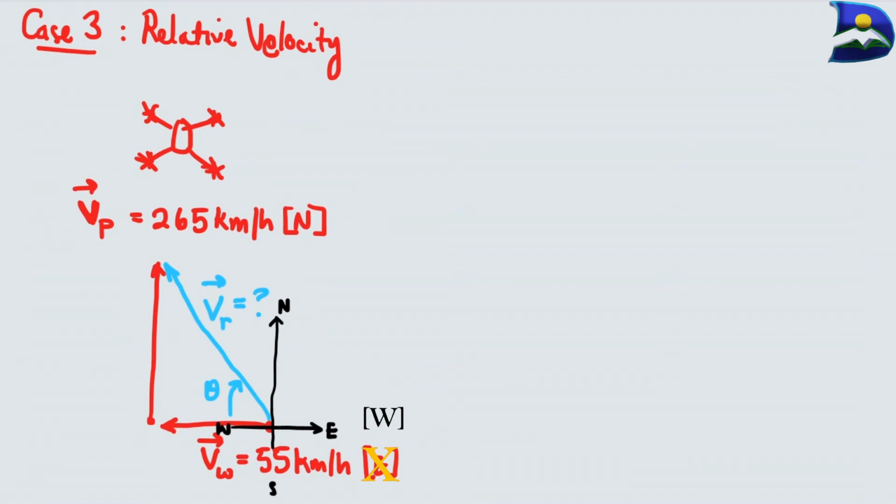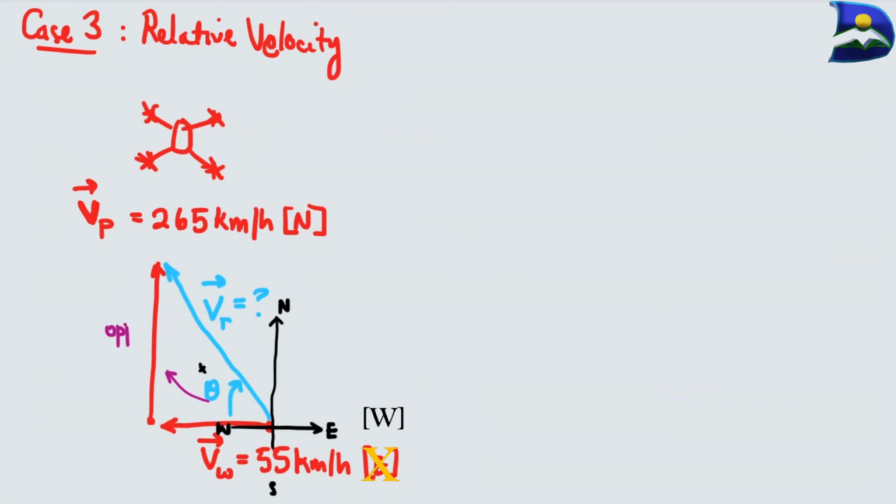The magnitude of our VR is going to be equal to the square root of the sum of the squares of your VP and that of your VW.